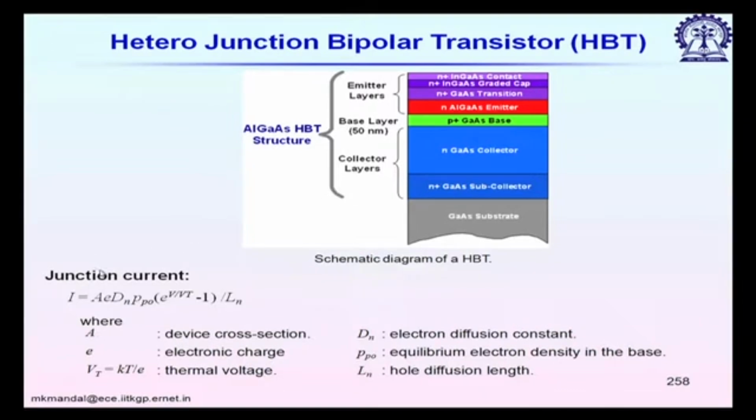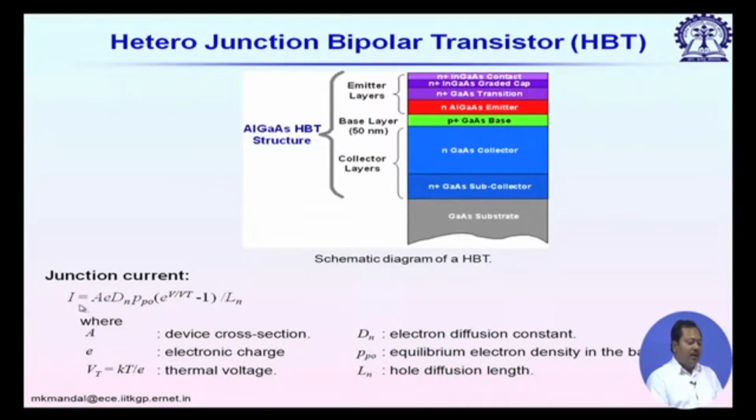The junction current can be given by A times e times Dn times Pp0 times this exponential function, divided by Ln, where A is the device cross section, e is the electronic charge, Vt is the thermal voltage, which depends on room temperature as well as electronic charge, Dn is the electron diffusion constant, Pp0 is the equilibrium electron density in the base, and Ln is the hole diffusion length.